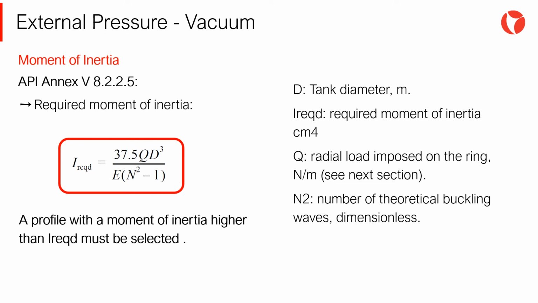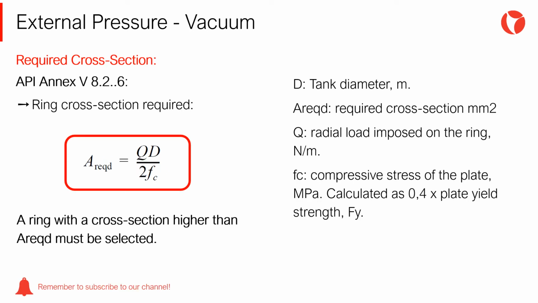A profile with a moment of inertia higher than I rect must be selected. The required cross-section of the ring is calculated according to the equation on the screen, where A rect is the ring cross-section required, Q is the radial load imposed on the ring, and Fc is the compressive stress of the plate. A ring with a cross-section higher than A rect must be selected.